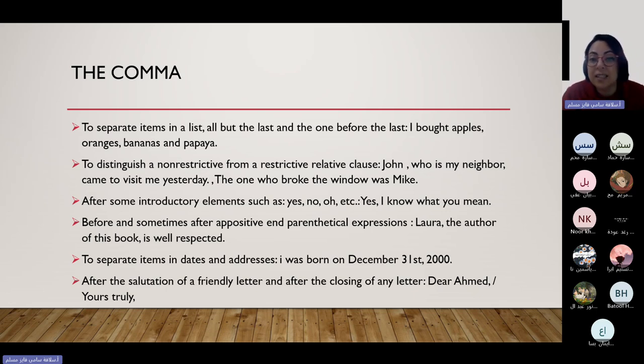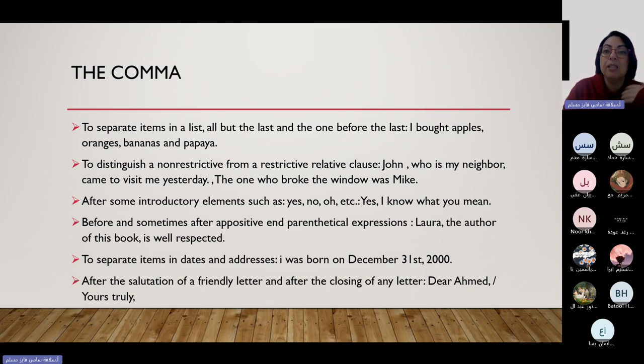It's not necessary, but we put it. That's why we put it between commas. We can remove it and the first sentence doesn't change. The meaning is there. John came to visit me yesterday. It's a full sentence. It's a comprehensible sentence.